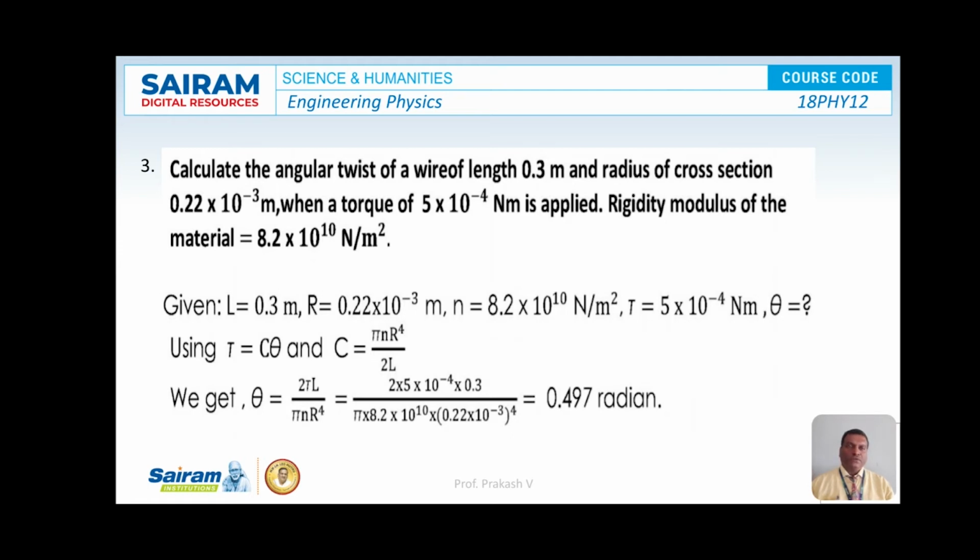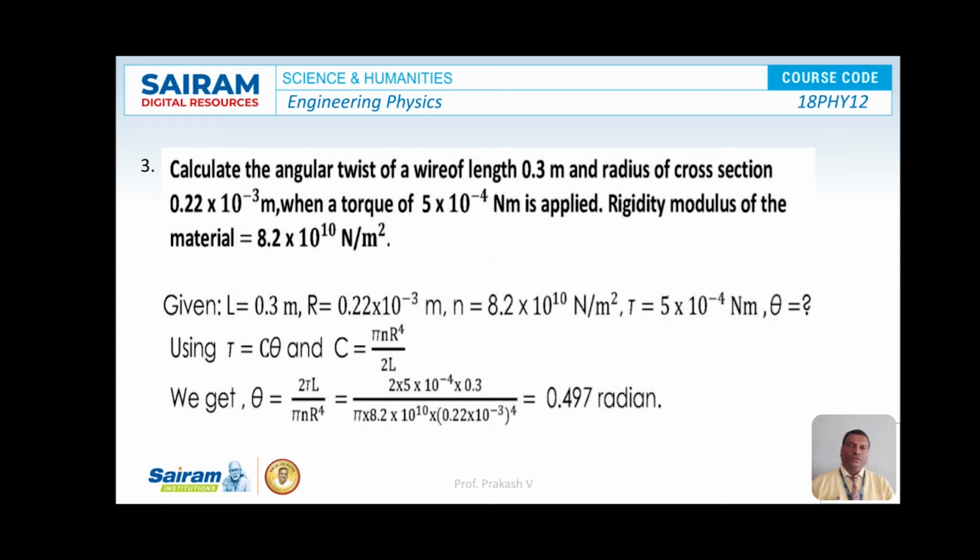According to the problem, the given data is L is 0.3 meter, R is 0.22 × 10^-3 meter, the value of rigidity modulus N is equal to 8.2 × 10^10 Newton per meter square, and torque T is equal to 5 × 10^-4 Newton meter. So here we have to calculate the twisting angle theta.